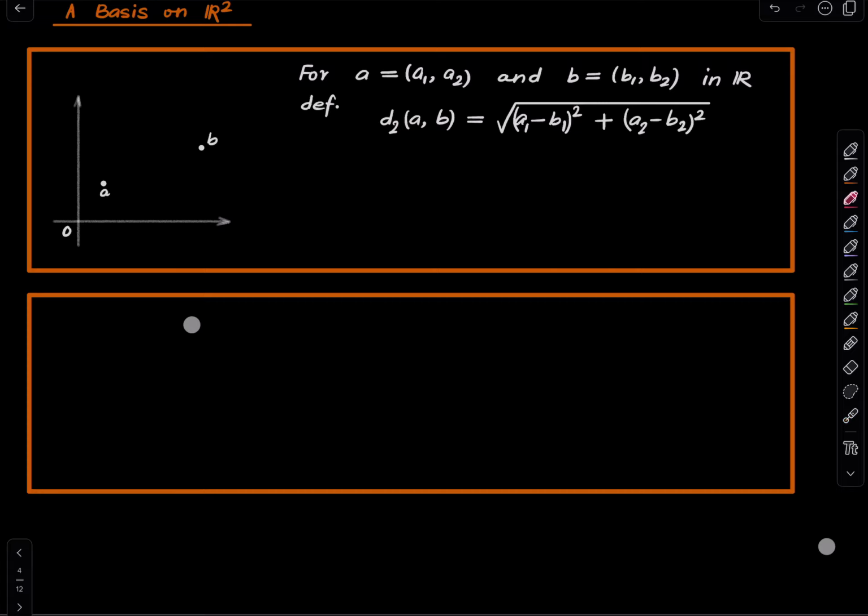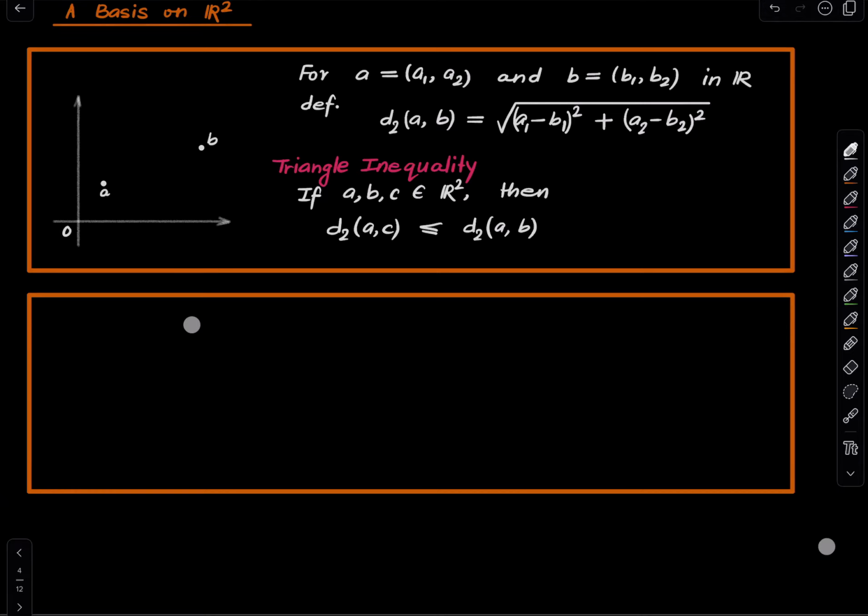And here is a fact, which again, surely you know from high school or basic geometry, which says that if A, B, and C are 3 points, then the distance between A and C is at most the sum of the distances between A and B, and B and C. And the geometric motivation of it should be amply clear.